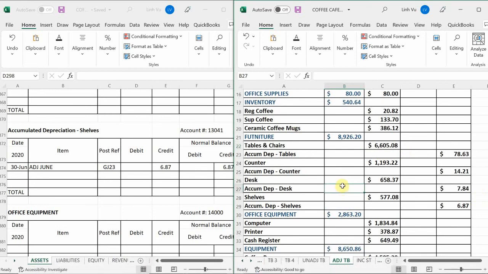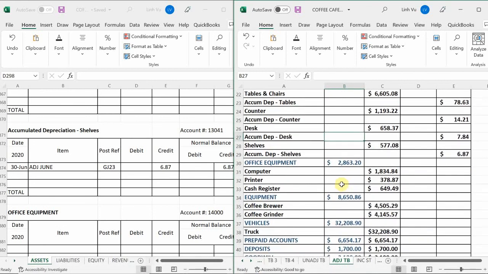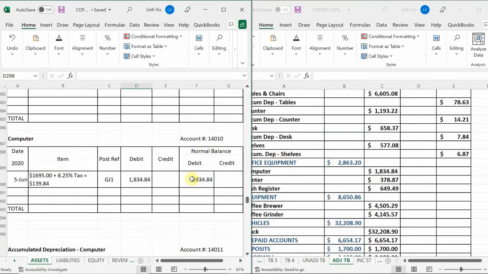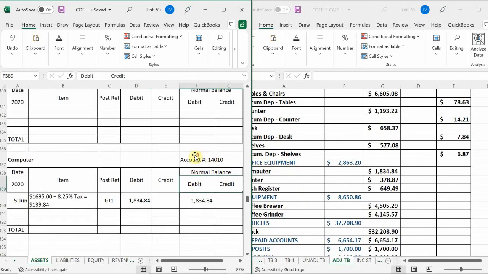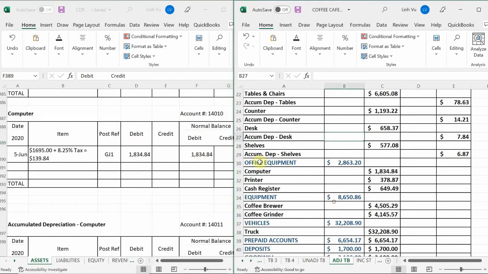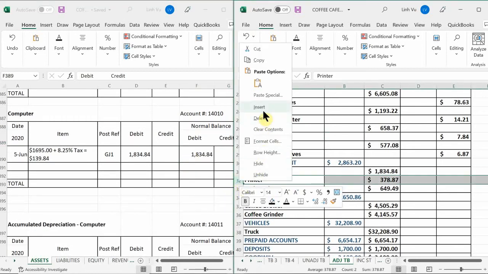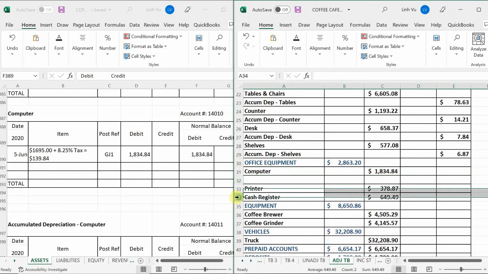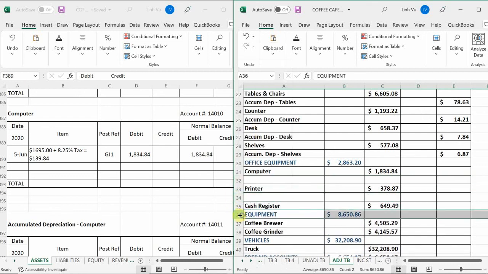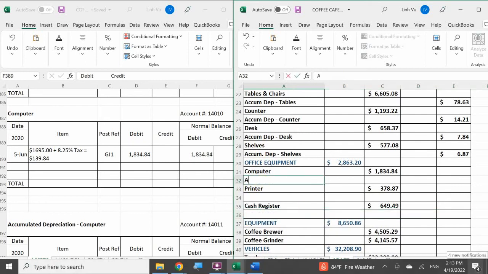Okay, and you're going to do the same thing for all of your office equipment. You can do the same thing to your equipment as well as your vehicles. So in this case, for office equipment, I have the accumulated depreciation for my computer, the accumulated depreciation for my printer, and the accumulated depreciation for the register. Okay.